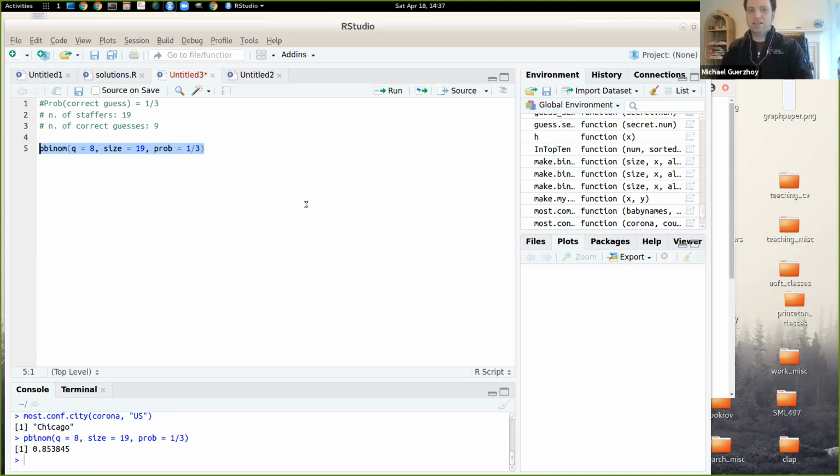So the probability of 9 or more is just 1 minus this much. That's about 14%. So we can right away say that the null hypothesis was not disconfirmed. There's not strong evidence against the null hypothesis that people are just guessing, because the probability of getting 9 or more is not that small, it's 15%.